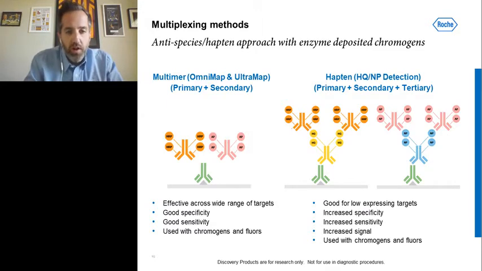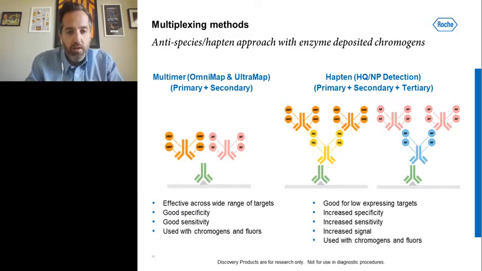And on the right-hand side, we have a hapten detection method. And here what we use is a proprietary product created at Roche Tissue Diagnostics, whereby we conjugate a hapten, or a synthetic label, to a secondary antibody. So in this case, we use HQ or NP. And then we come in with an antibody directed against these synthetic labels.